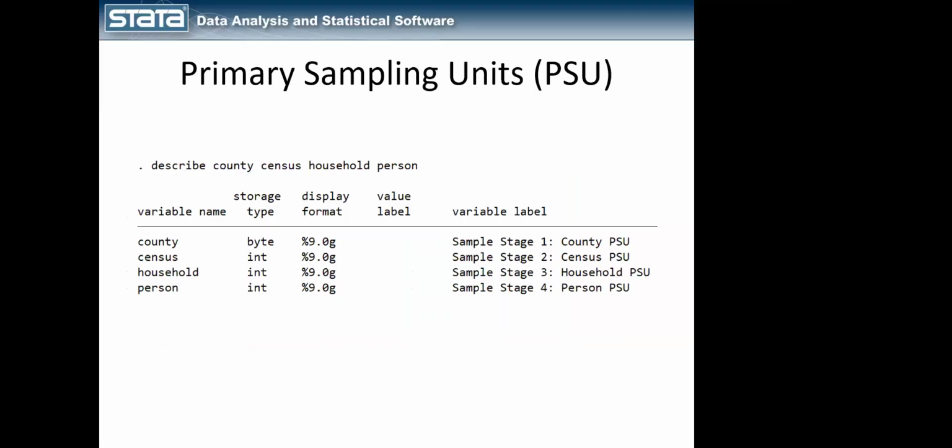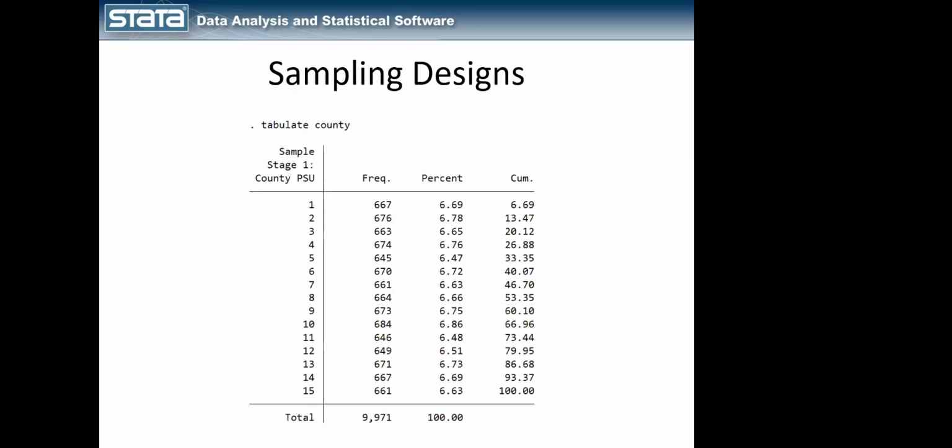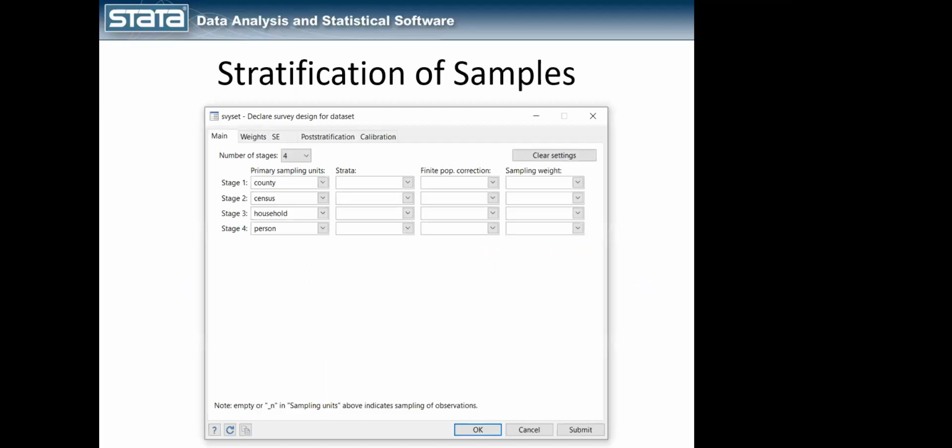So I have county ID, census ID, household ID, and person ID. All of those variables are in my data set. So if I were to tabulate, for instance, county, there are 15 of these counties and 600 some odd observations within each county. So to fill that in, within the dialog box, I would select at stage 1 the county, stage 2 is census, stage 3 is household, and stage 4 is person.